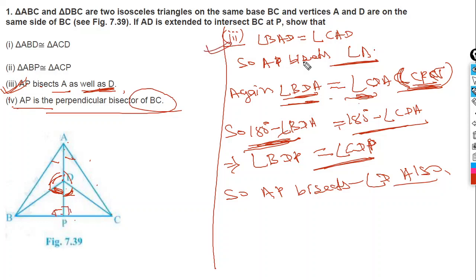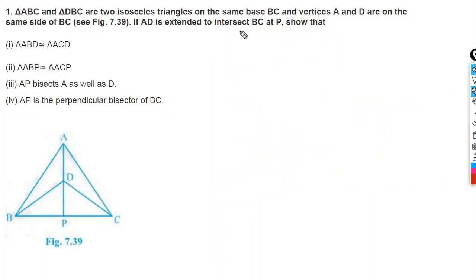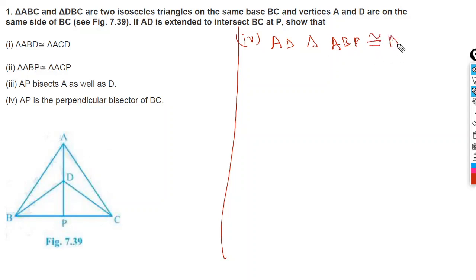Okay, I am erasing this. We'll go to the proof of part IV. As triangle ABP is congruent to triangle ACP, angle APB is equal to angle APC.